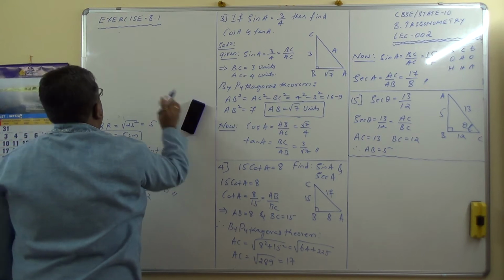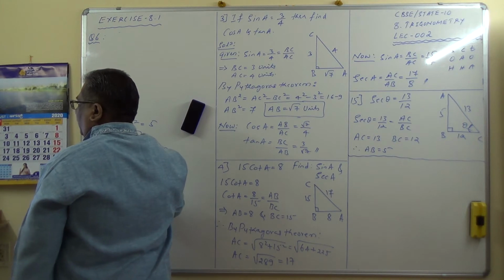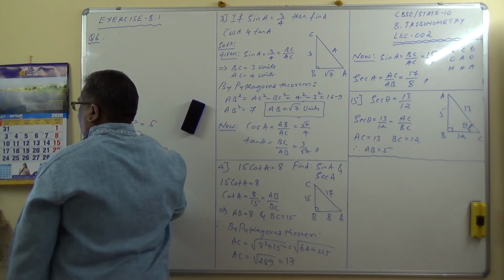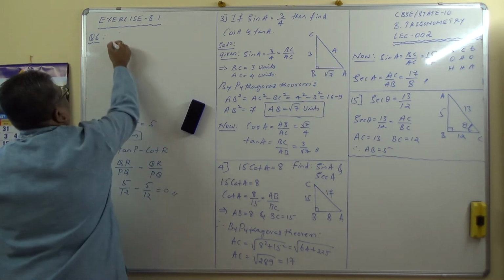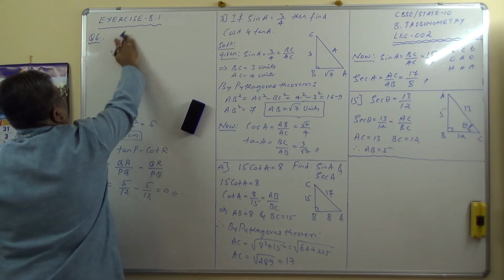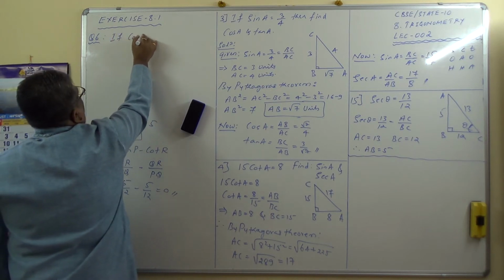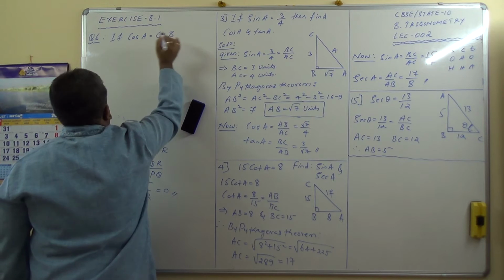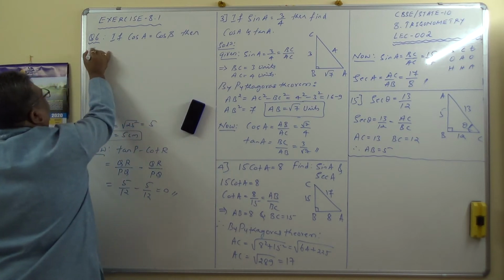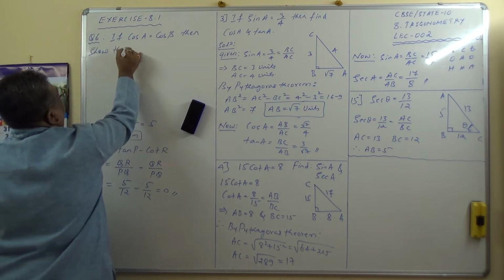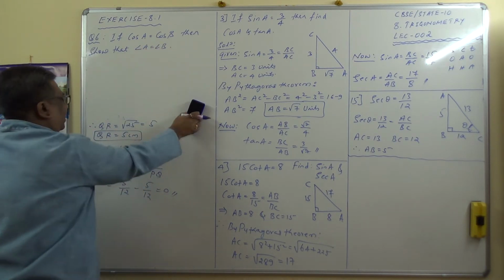What it says is, if angle A and angle B are acute angles such that cos A equals cos B, then show that angle A equals angle B.